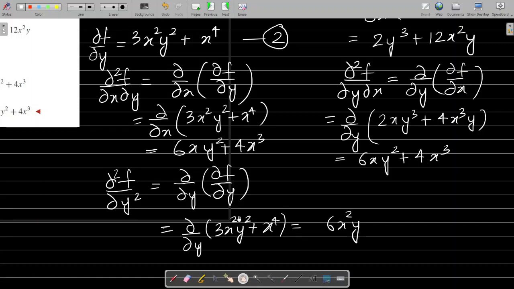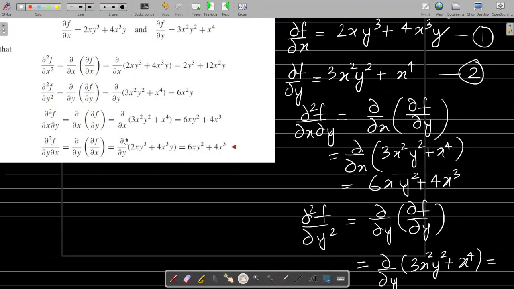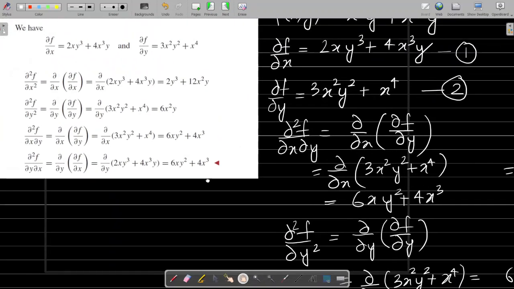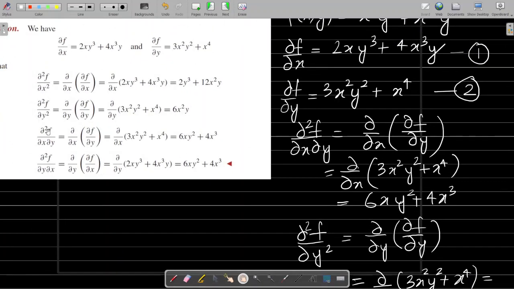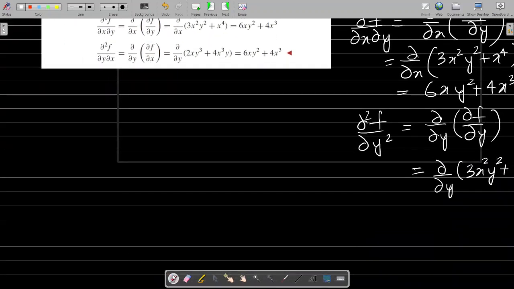So these are the terms which are given here. We have ∂²f/∂x², ∂²f/∂y², ∂²f/∂x∂y, ∂²f/∂y∂x. When we move on to second order partial derivatives, you must remember there are 4 terms.